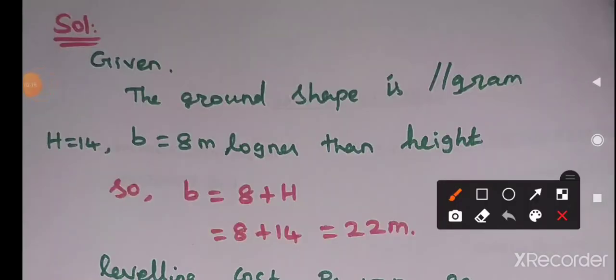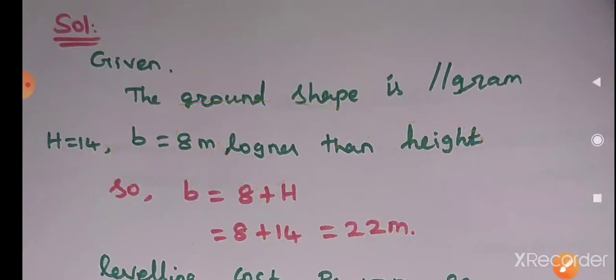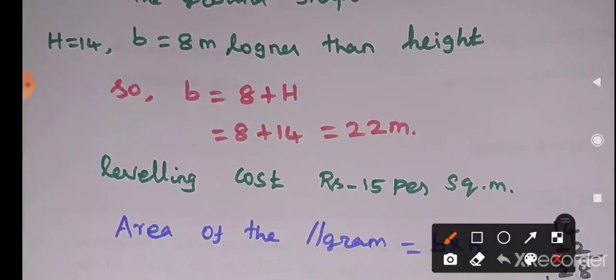Solution. Given the ground shape is a parallelogram, height is 14, B is 8 meter longer than height. So B is equal to 8 plus its height. The height is 14. So 8 plus 14 is equal to 22 meter.